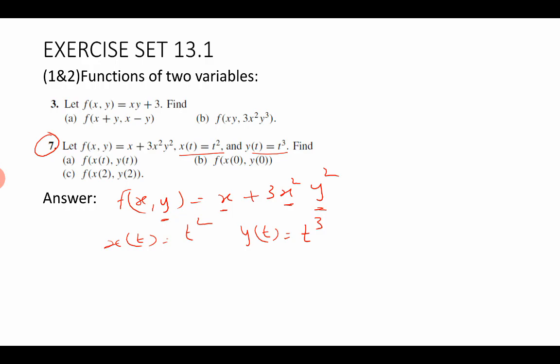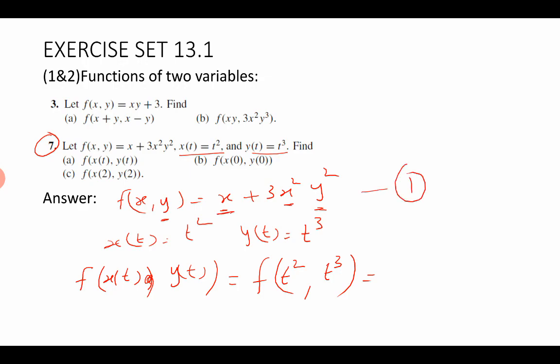f(x(t), y(t)). What is f(x(t), y(t))? x(t) is t², and y(t) is t³. Now wherever x is there in equation 1, replace it by t².